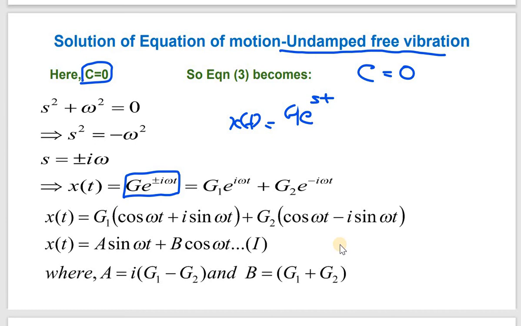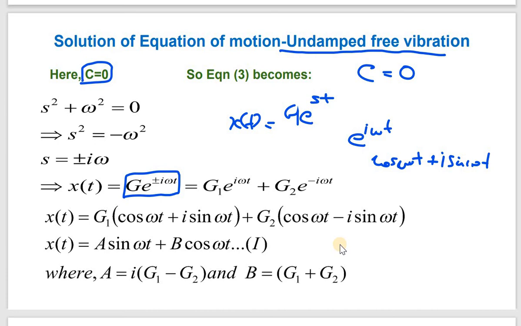Now, by mathematical formulas, we know that e raised to i omega t can be written as cos omega t plus i sin omega t. This is a relationship only. I think you have studied this in maths in your semester, or maybe you will be studying it soon, so just clear it out.